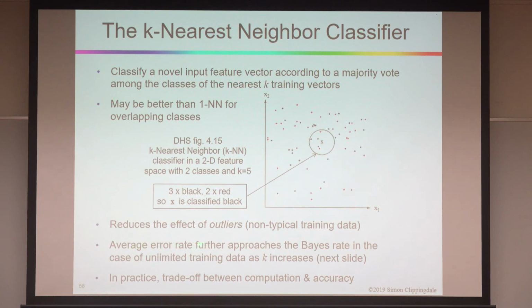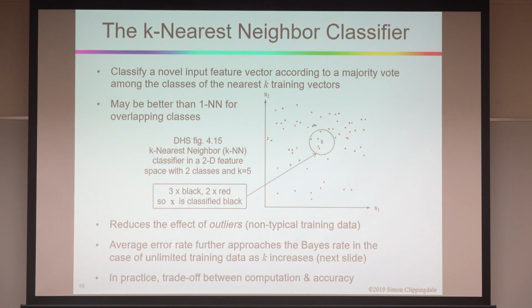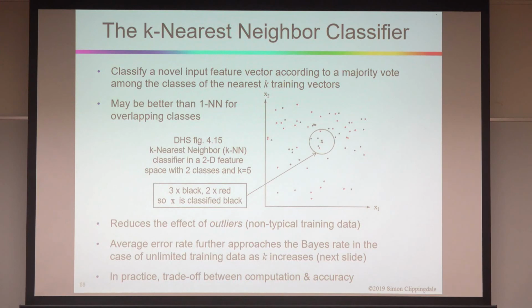And with unlimited training data, you can force the error rate to further approach the optimal Bayes rate, the minimum error rate, as k increases. In practice it's a trade-off, because this requires more computation than just finding one nearest vector. So it's a trade-off between computation and accuracy.